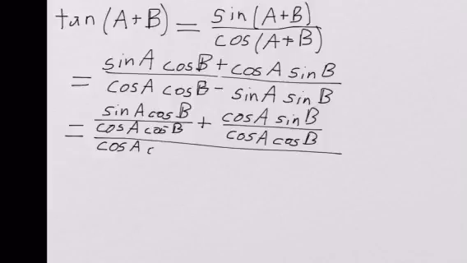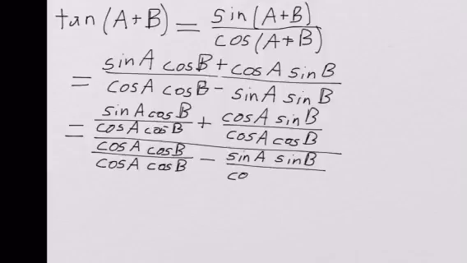cosine A cosine B over cosine A cosine B minus sine A sine B over cosine A cosine B. But the nice thing we get here is that some things cancel.